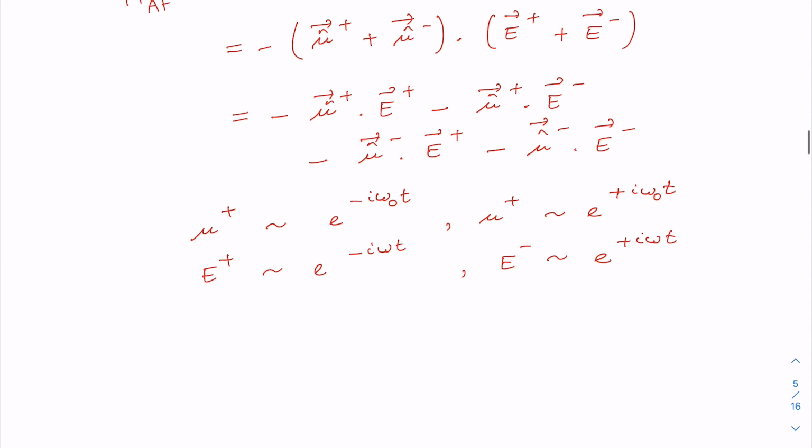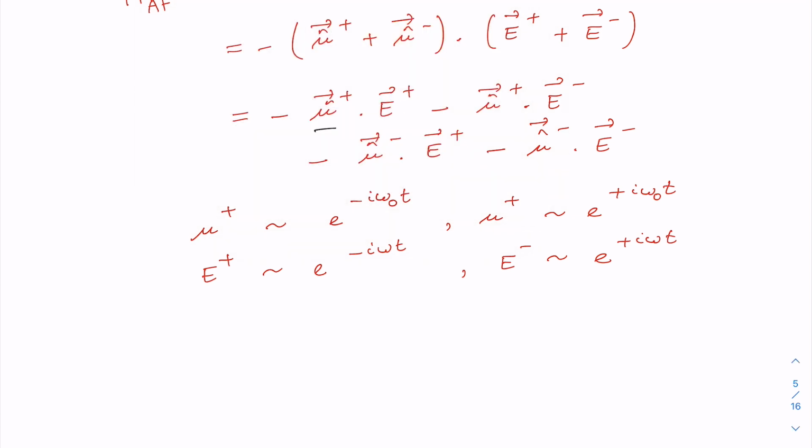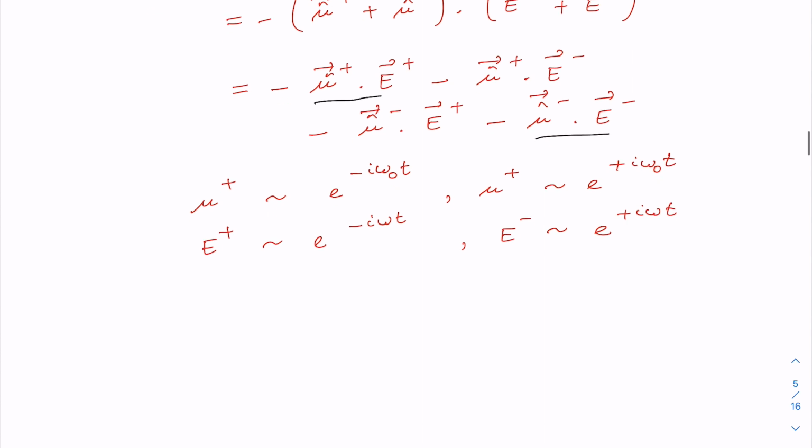So you can see that we have this term as well as this term, these two terms. Let me write here mu plus dot E plus or mu minus dot E minus, these two terms vary as e to the power minus or plus i omega plus omega 0 t.